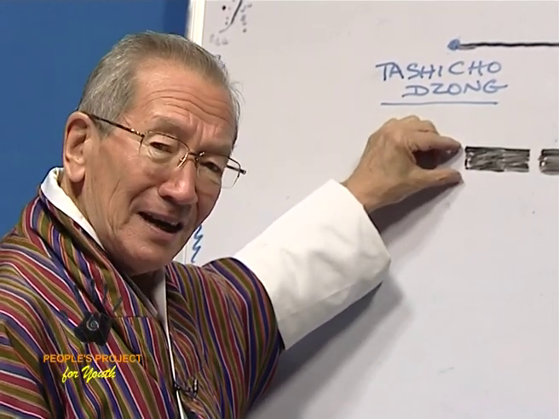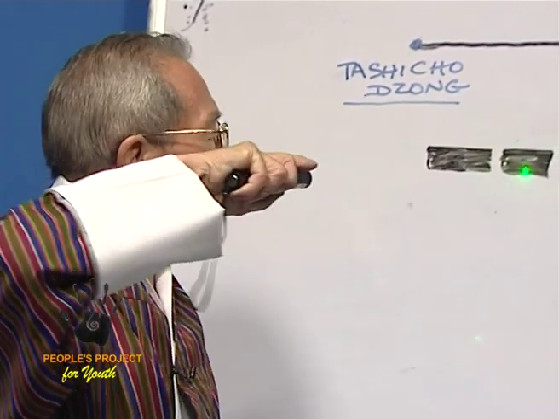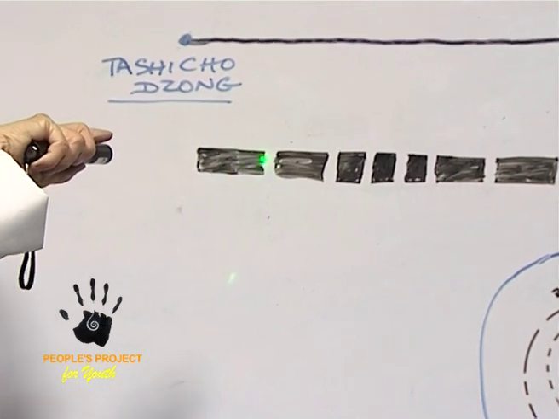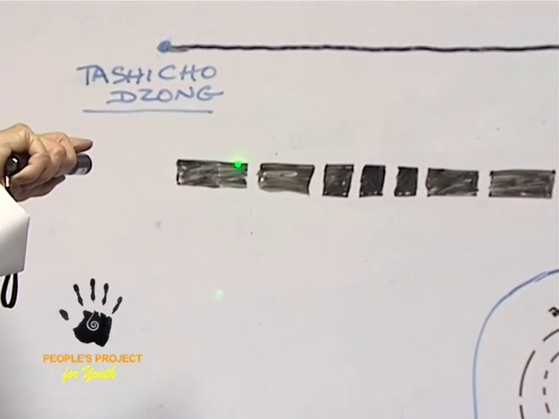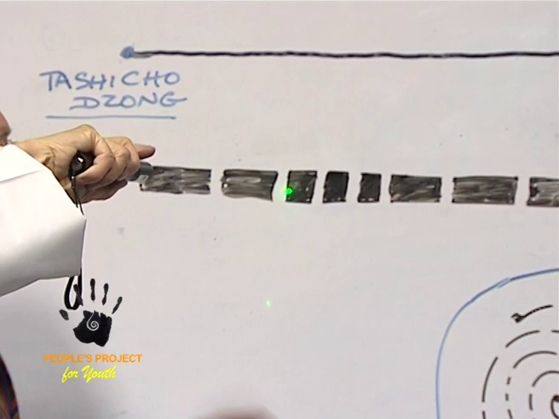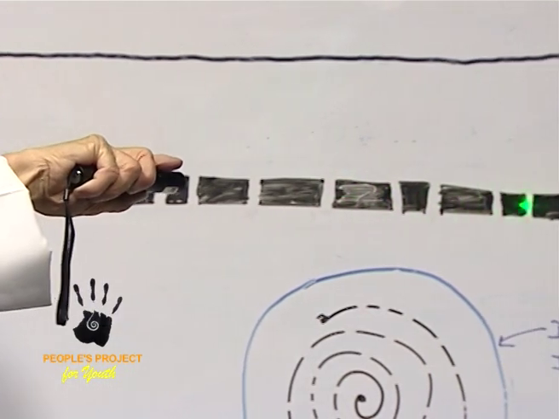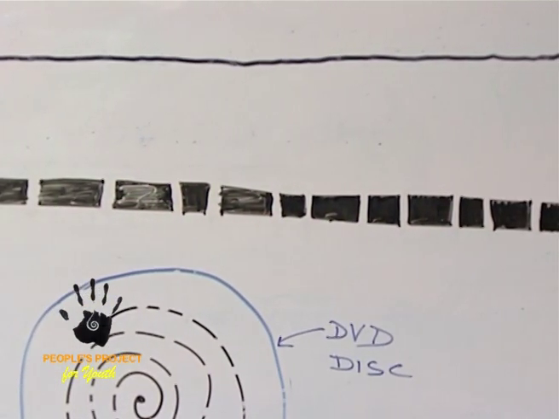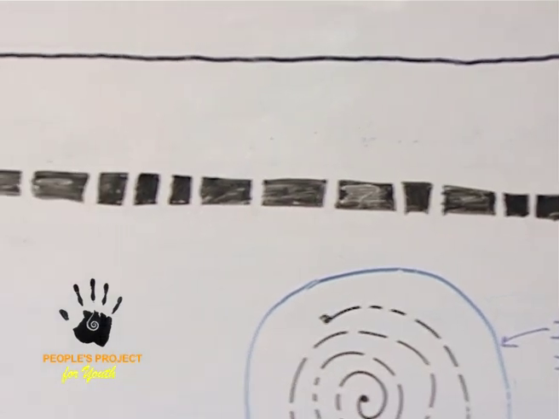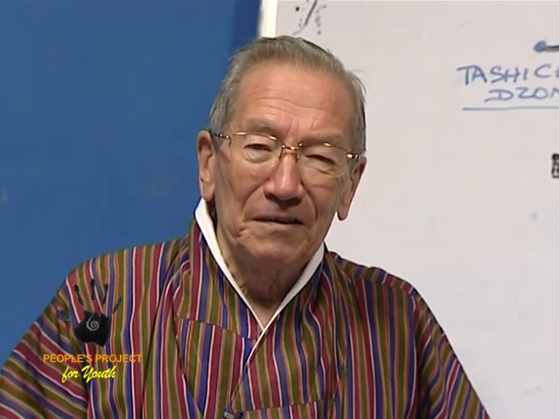So this line is very, very thin. And the laser light that shines on it is itself far, far smaller than the point of a pin. And this disc, when it rotates, means that the line is running under the laser light, and the laser light is flashing. And this disc is rotating at 1,000 times a minute.